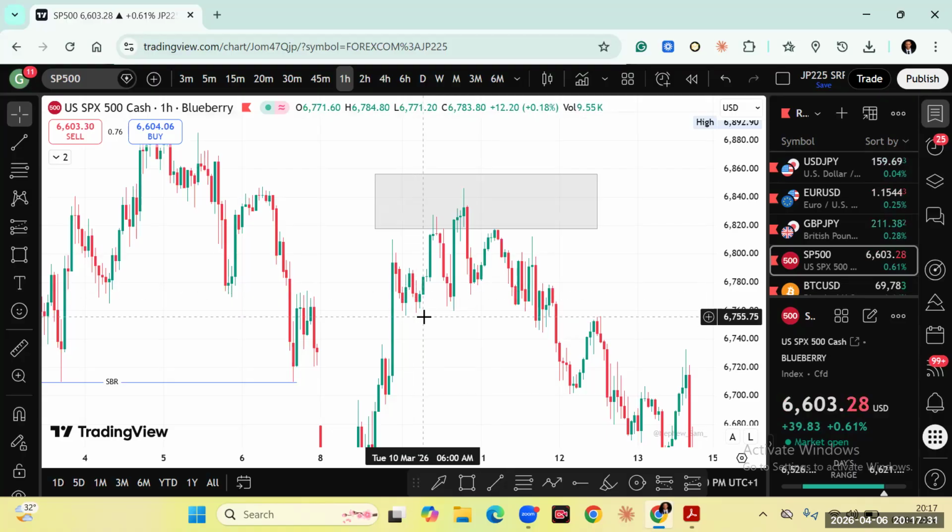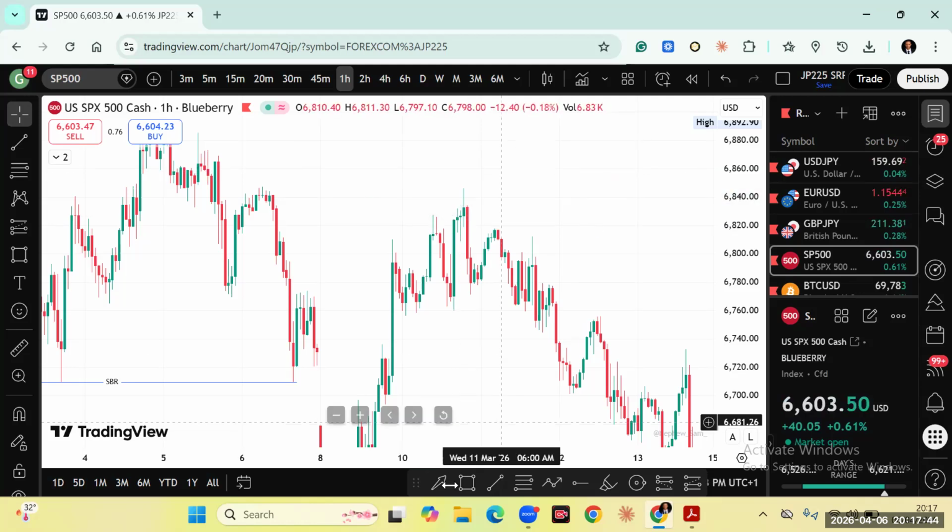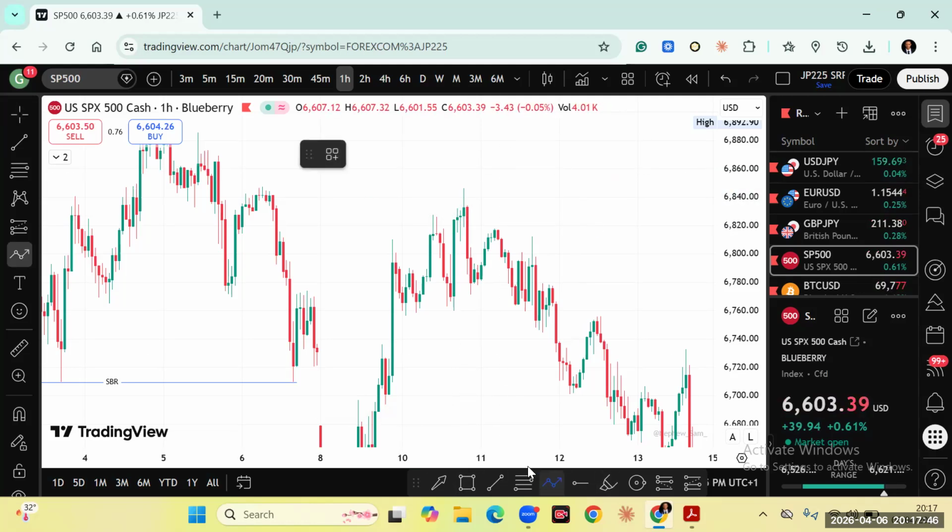You want the higher time frame to finally align with the lower time frame. That is when price breaks below the higher low. So this is higher low, higher high, higher low, higher high. Then it did a sweep.